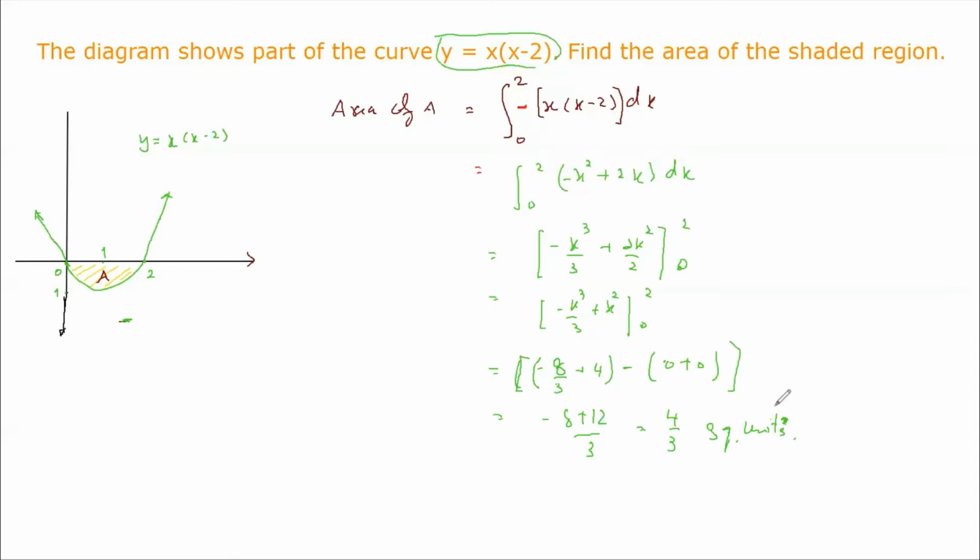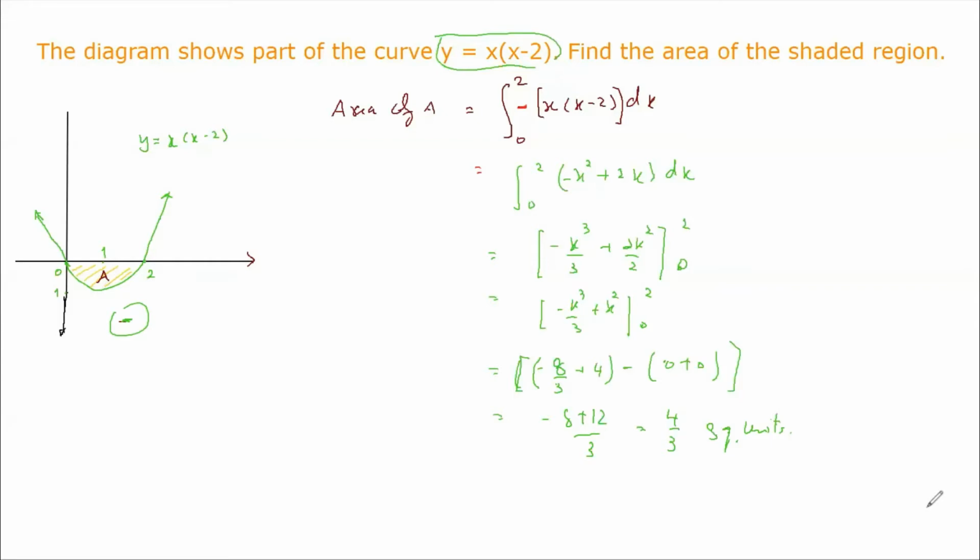So it becomes 4 over 3 square units. Okay, that is this example, the final answer is 4 over 3. This one only says the area under the curve, I mean under the x-axis, should be negative. Okay, then we go next.